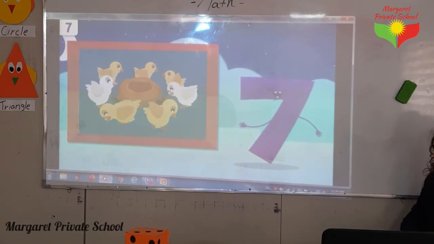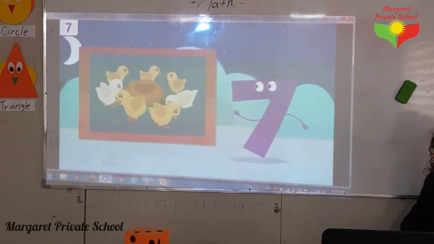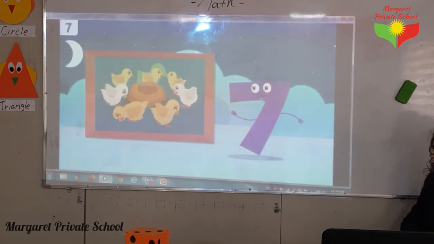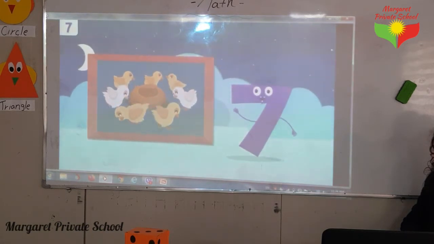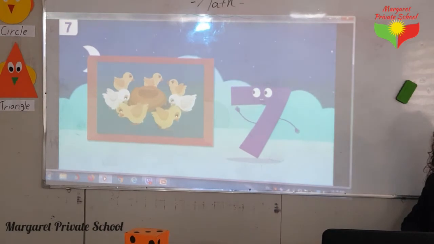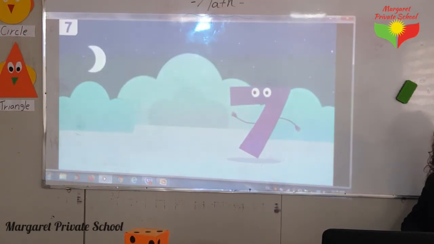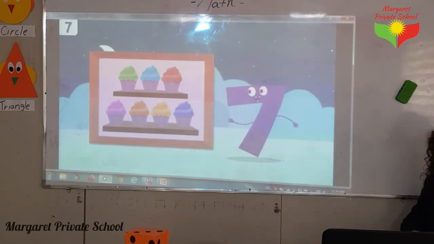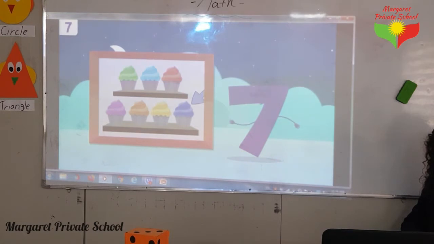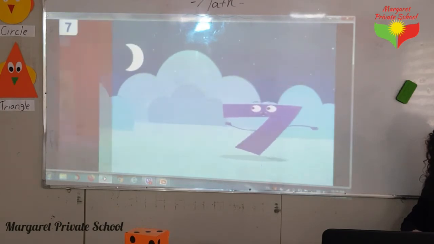How many baby chickens are there? 1, 2, 3, 4, 5, 6, and 7. There are 7 baby chickens. We're going to be singing later, friends. Yum! Cupcakes. How many are there? 1, 2, 3, 4, 5, 6, and 7. There are 7 cupcakes. Way to go, friends!